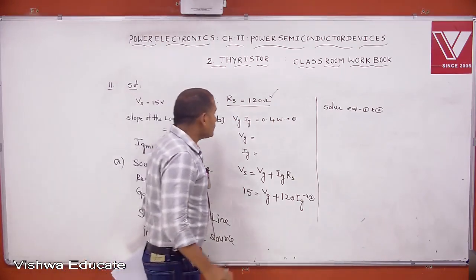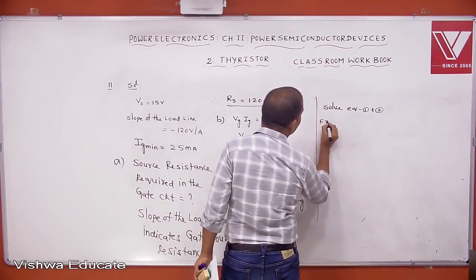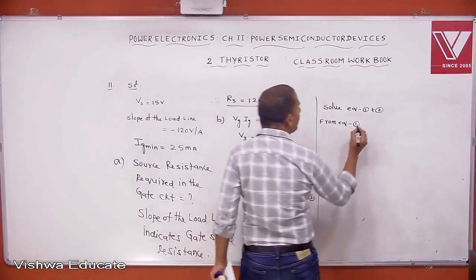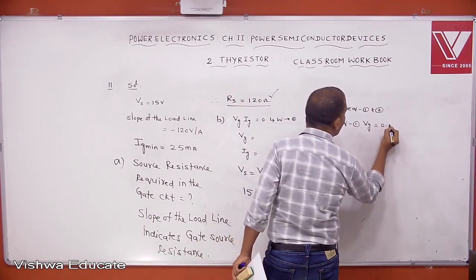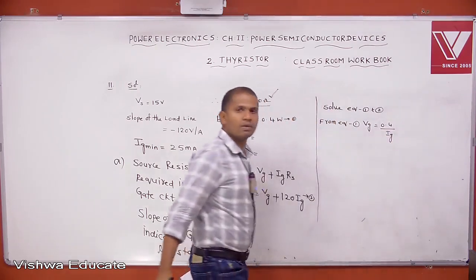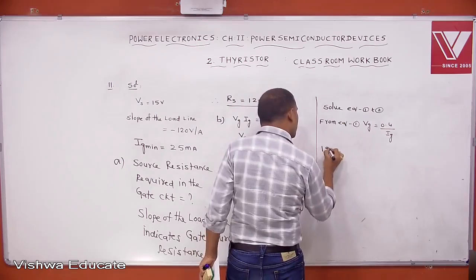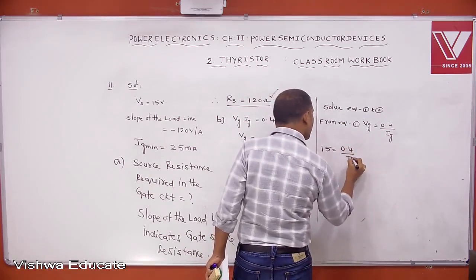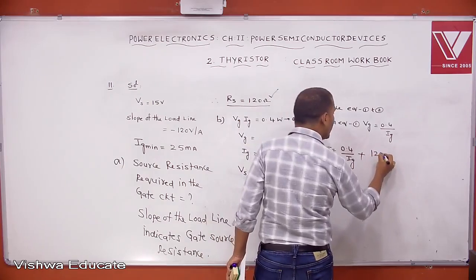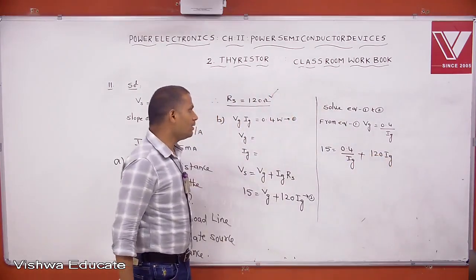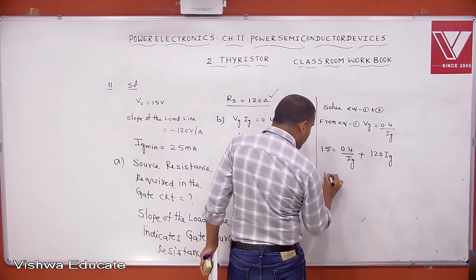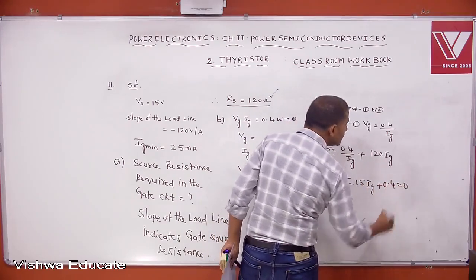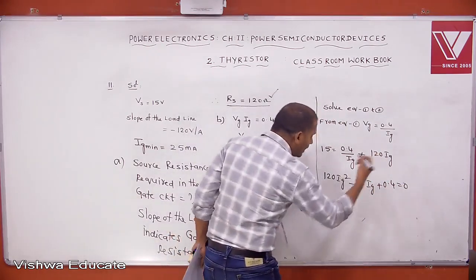From equation 2, Vg equals 0.4 by Ig. Substitute here: 15 equals 0.4 by Ig plus 120 Ig. Then 120 Ig squared minus 15 Ig plus 0.4 equals 0.